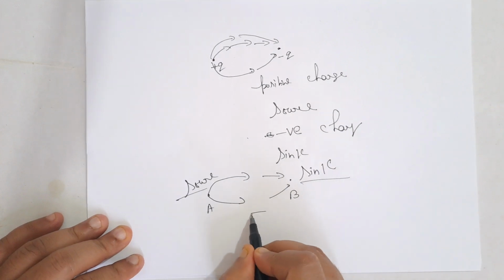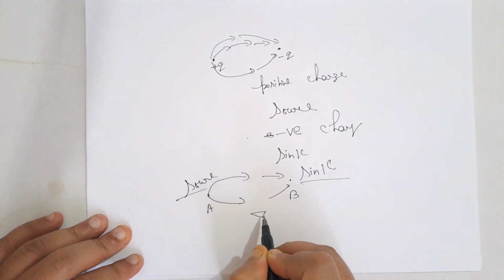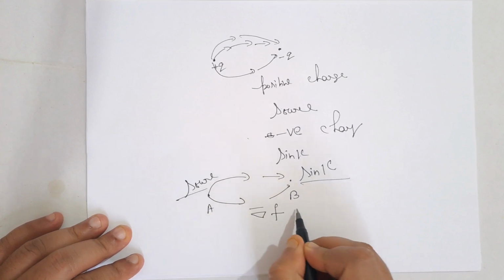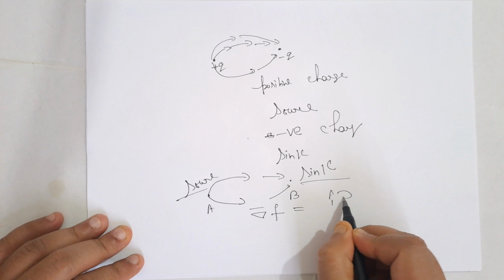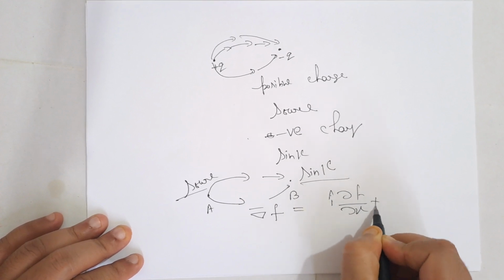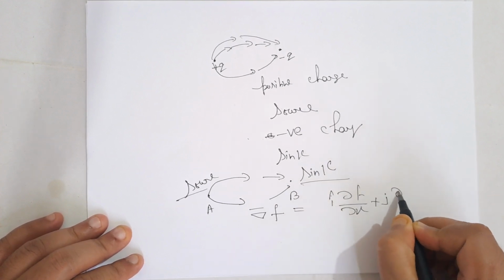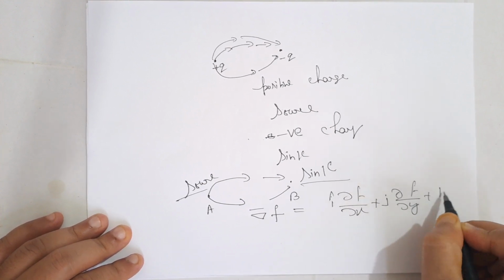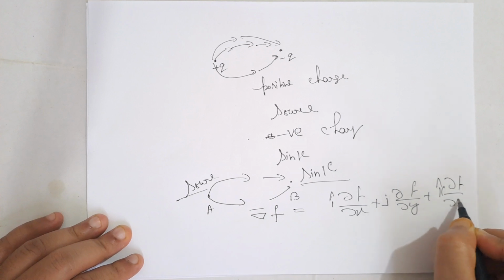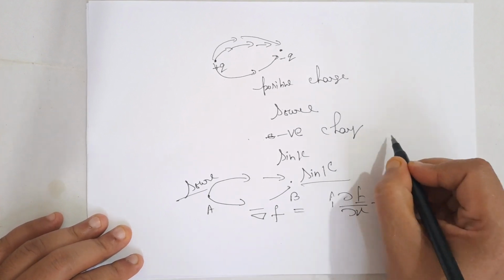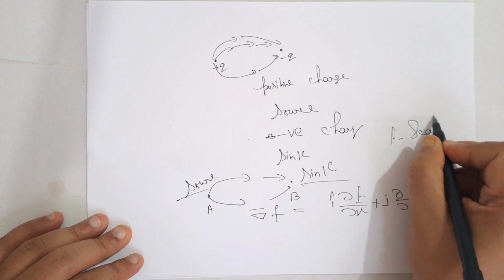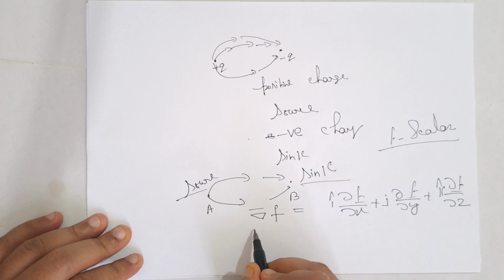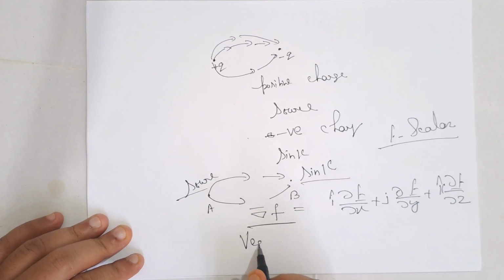And we can represent a vector field with the help of a differential operator. F is the scalar field, and if we apply the gradient to the scalar, then we get a vector field.